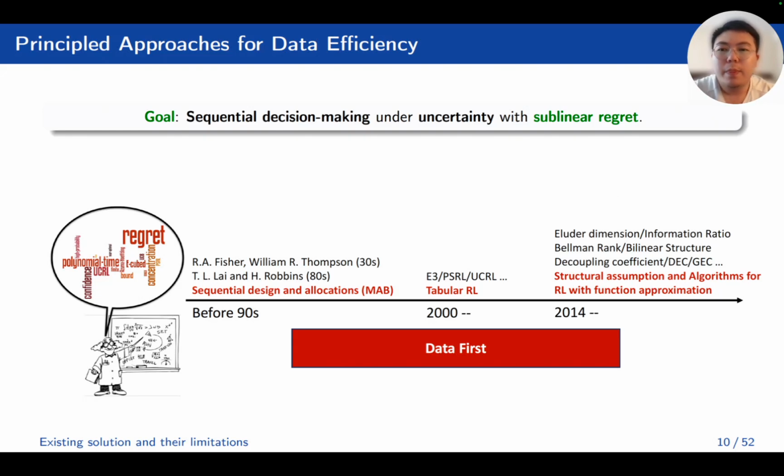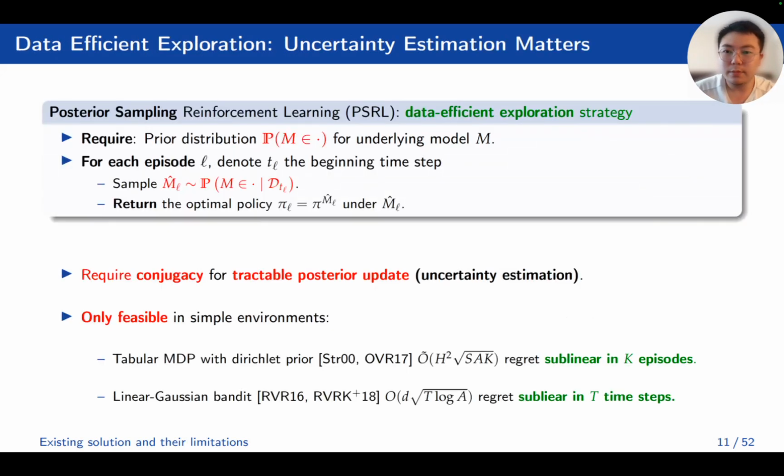Okay. Sequential decision making under uncertainty requires uncertainty estimation. The famous algorithm or scheme called posterior sampling, or Thompson sampling, basically estimates uncertainty in a Bayesian view, such that it updates its posterior according to a prior and also the current knowledge under the data set it observes.